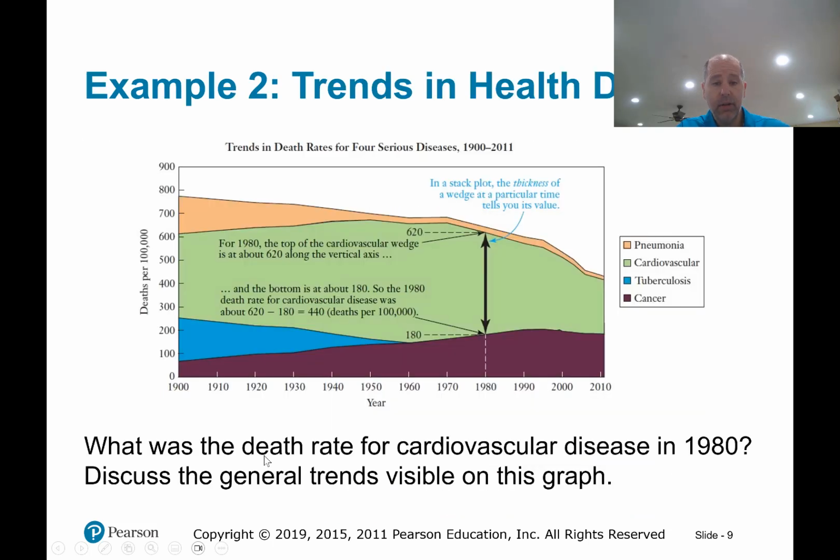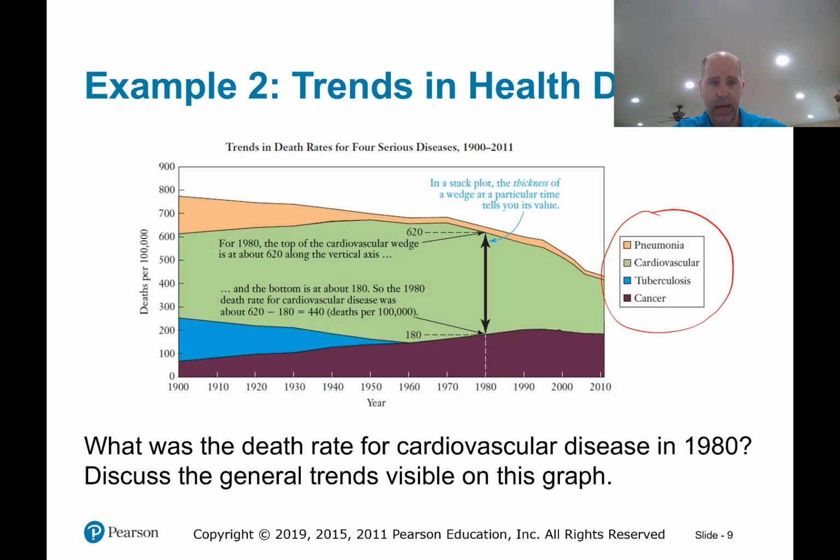Here's another type of graph. This one is on the causes of death. These are your vital statistics. These use four causes of death: pneumonia, cardiovascular, tuberculosis, and cancer.